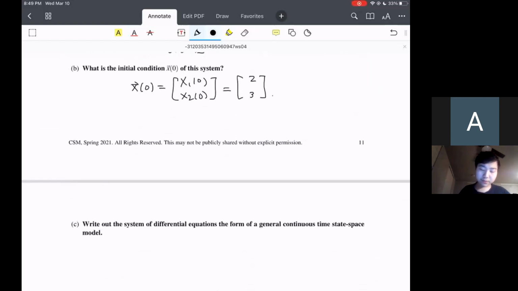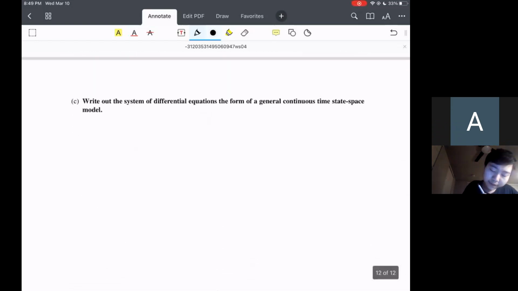Okay, so to do that, the first thing that we need to do is write out d/dt x of t. We know that the derivative of a vector is just the vector of derivatives, and this is just going to be equal to d/dt x1 of t, d/dt x2 of t.